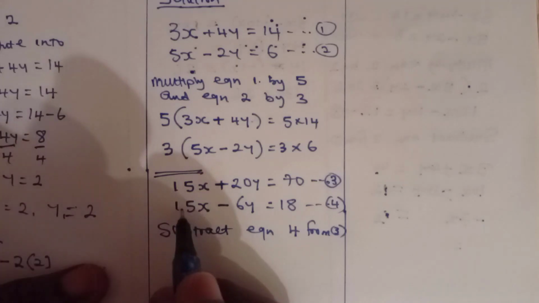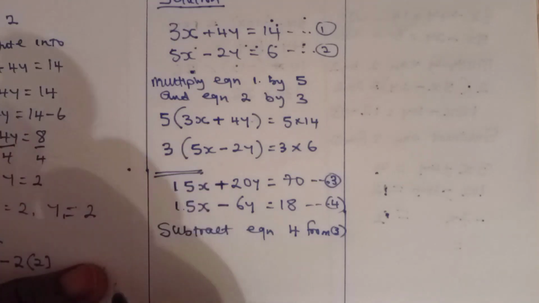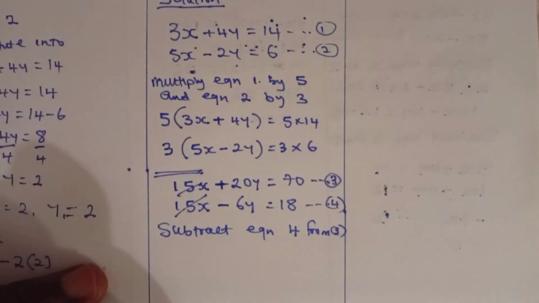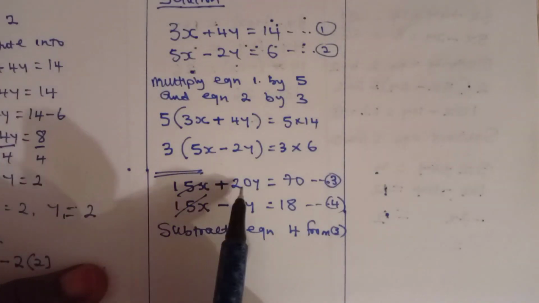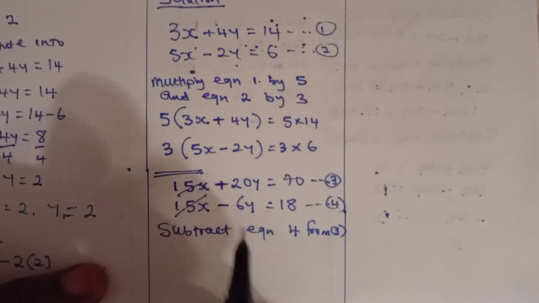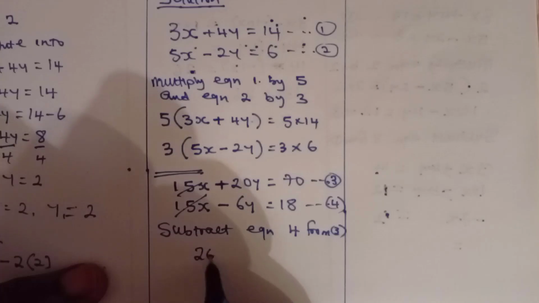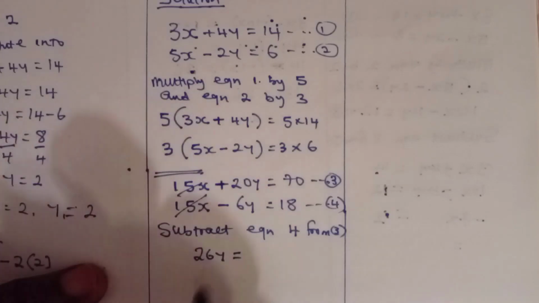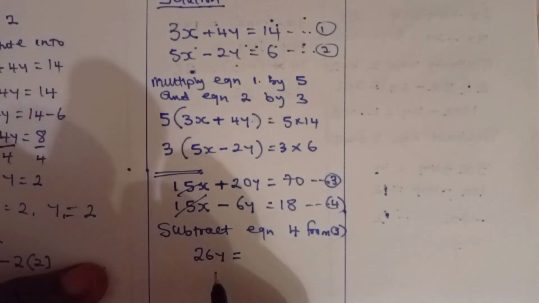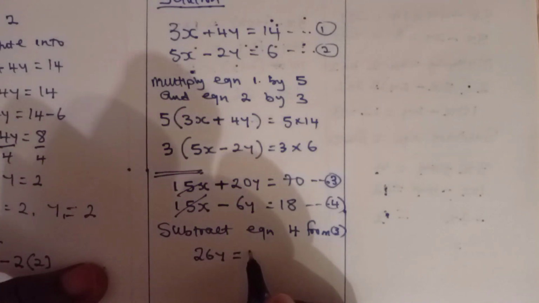So we have 15x minus 15x, you know this will take care of this and it's gone, right? So we now have 20y minus 6y is going to give us 26y equals, so we have 70 minus 18 is going to give us 52.